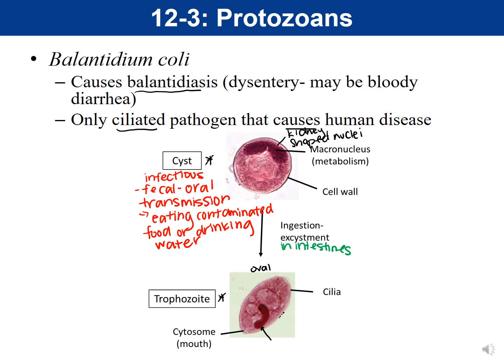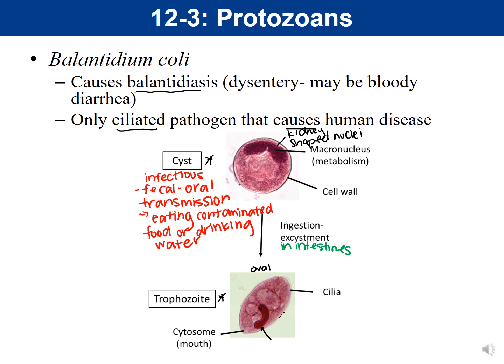These are all ways that you can get the disease, as well as having poor hygiene habits or being around somebody who has poor hygiene habits. And what that means is that, let's say somebody is infected and they go to the bathroom and they don't wash their hands. Well, if they're now preparing your food and they have cysts from the feces on their hands and they prepare your food, well, then you could end up with Balantidium as well.